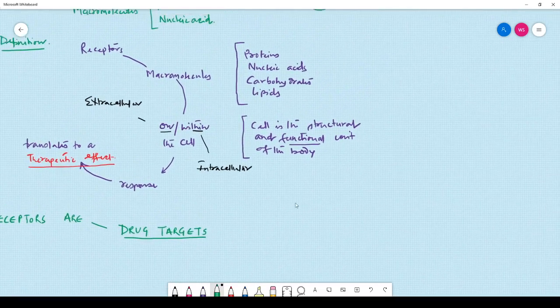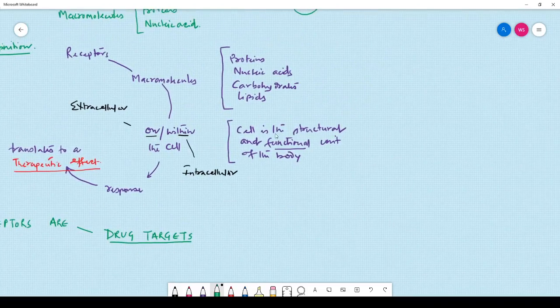Right, so we need to refine our understanding a little bit more. Now we said that they are present on or within the cell. The cell needn't be within our body. It can also be present on pathogens.